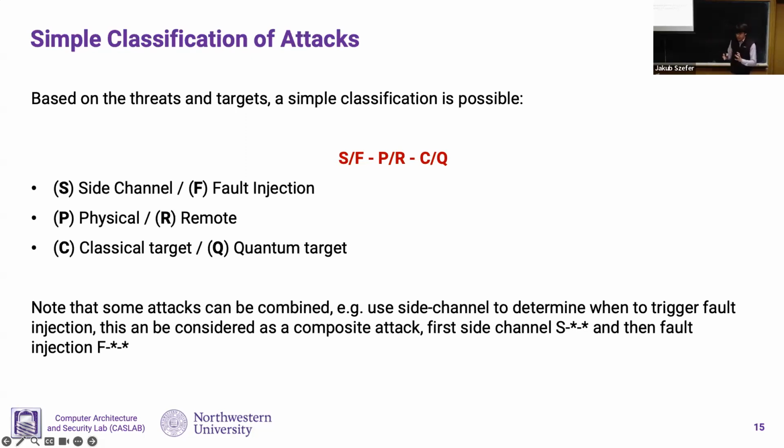First, you do a side channel, and then from that you do a fault injection. So you could break such combined attacks down into a side channel and then a fault injection attack. So anyway, everything can really fit into these simple categories.